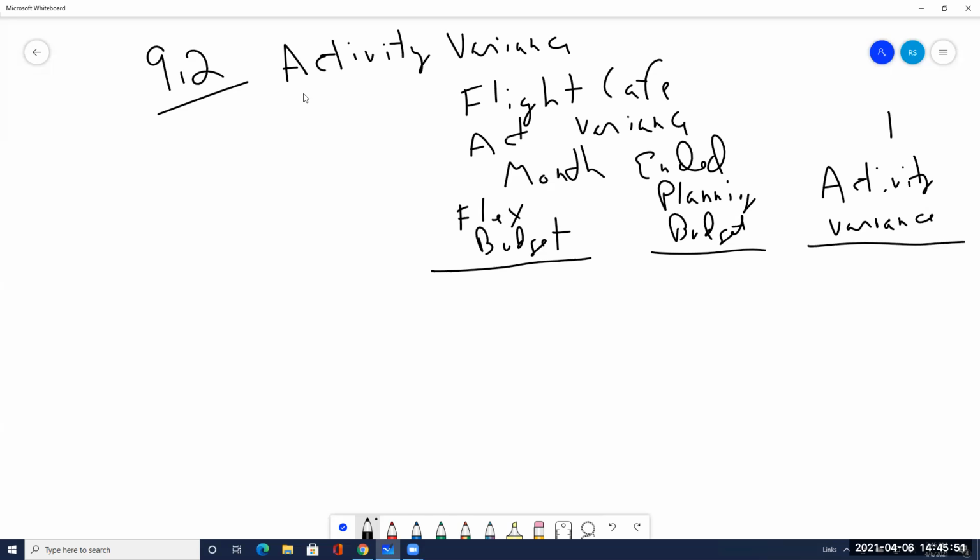And it's really this that we're worried about. Keep in mind, we just did a flexible budget the last problem. We put that together. The planning budget would have been done the year before or whenever. And then the activity variance is the number we're going to calculate here.